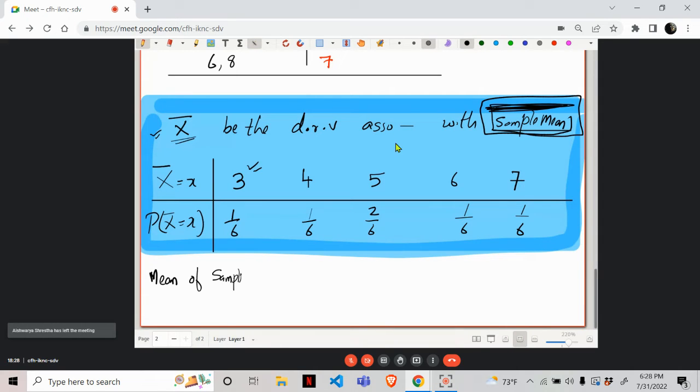Average. Expectation. Yeah, please write mean of sampling distribution, mu x bar. What is the formula? Suman, sigma. Sushmita, do you still remember this?